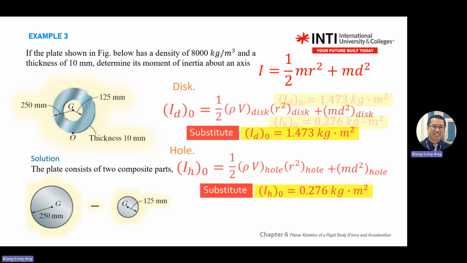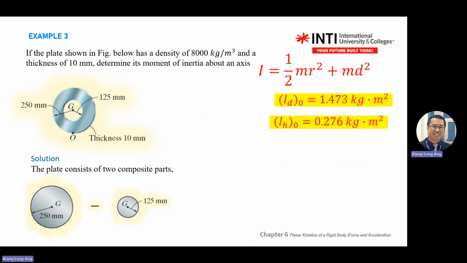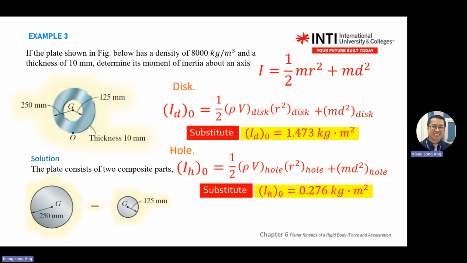Another one is example 3. So the answer here, you see the substitution, the answer on the screen here. I label as O. So when your D is 0, you look at G. If the question asks you what is the moment of inertia at the point O, then there's a D already.